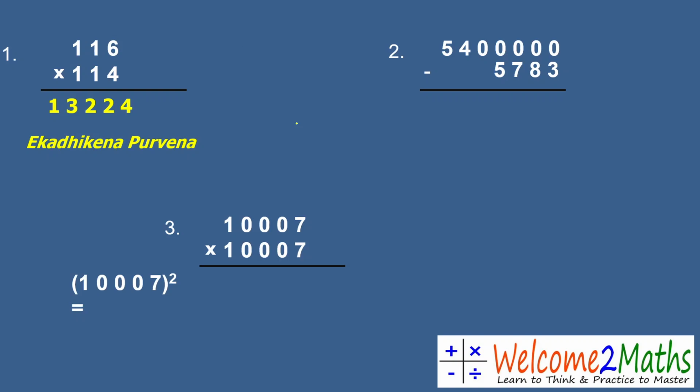Whenever you have this type of multiplication, like 116 into 114, where the ones place digits are 6 and 4, and 6 plus 4 is 10, and apart from 6 and 4 the remaining digits are the same, 11, you can apply Ekadikena Purvena. For example, 78 into 72, there we can also apply the Ekadikena Purvena Sutra.